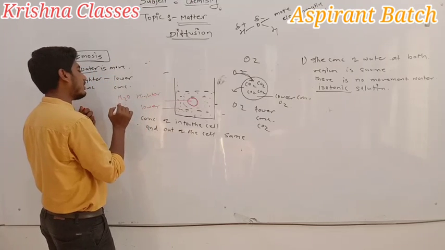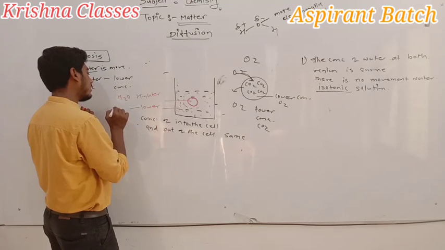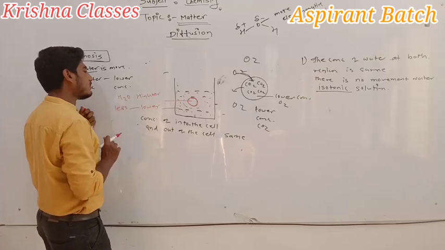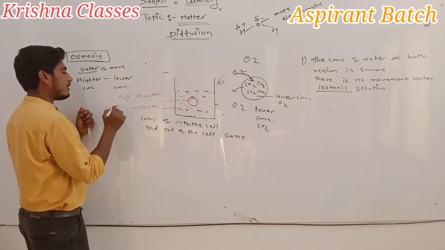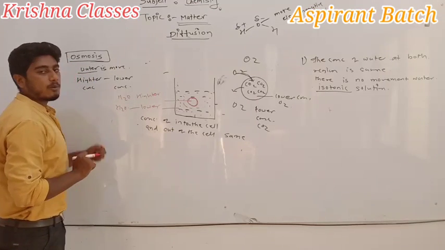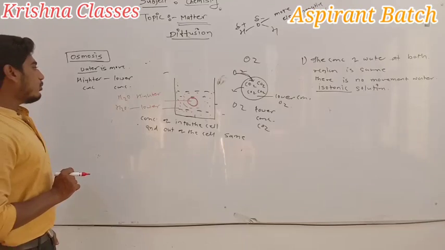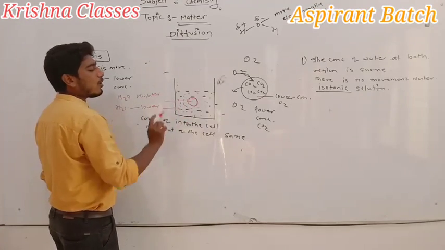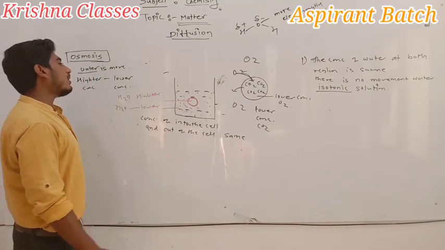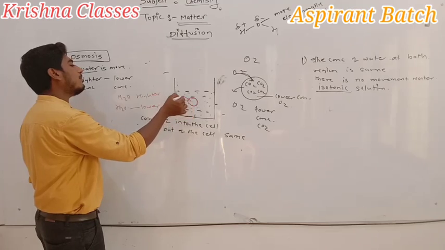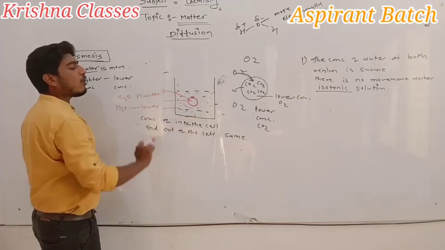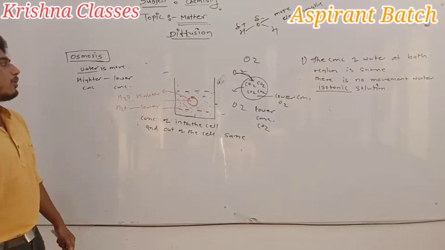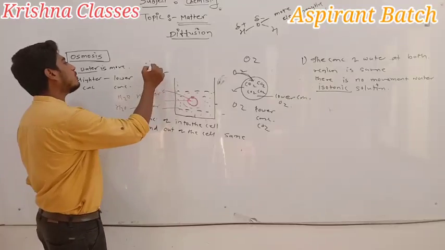Here the H2O concentration is higher, and here the H2O concentration is lower, outside of the cell. Then we know that the water is able to move from the region of higher concentration to the region of lower concentration, and due to this what happens?